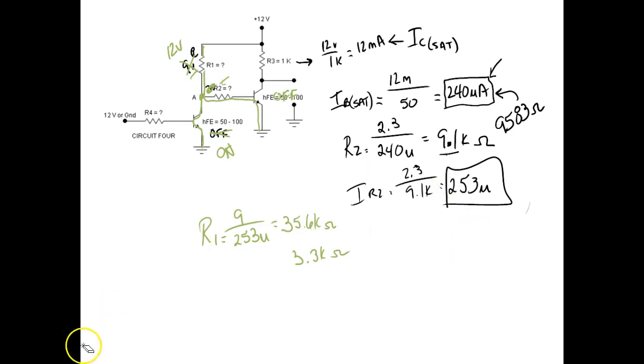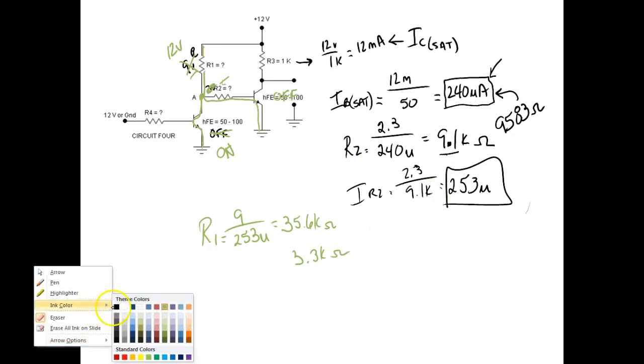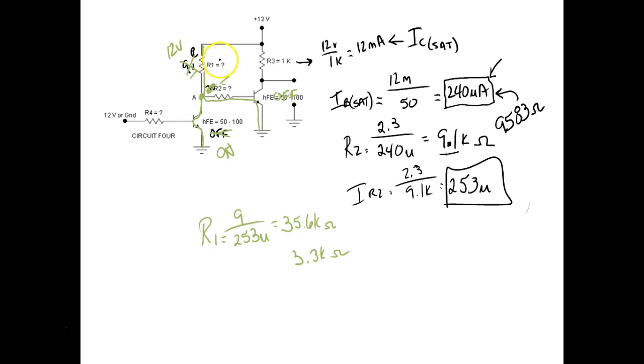I just looked over and saw numbers. I guess I should pay more attention. 33K. So IC sat, we're calculating the saturated current, would be equal to 12 volts divided by 33K.